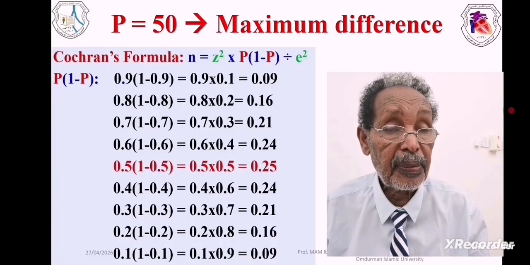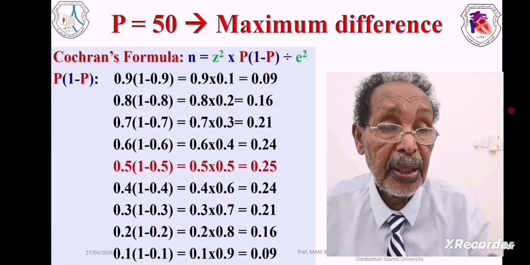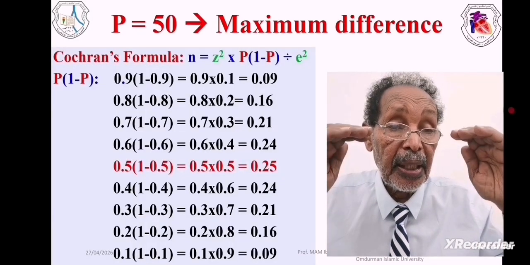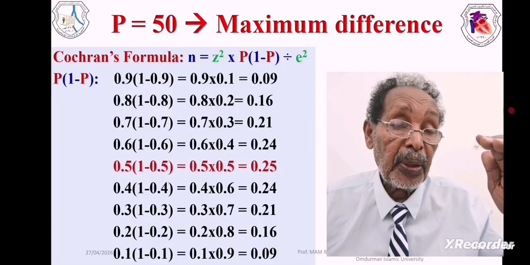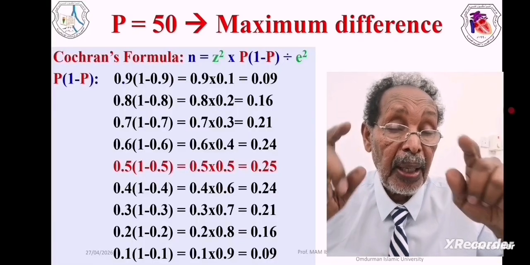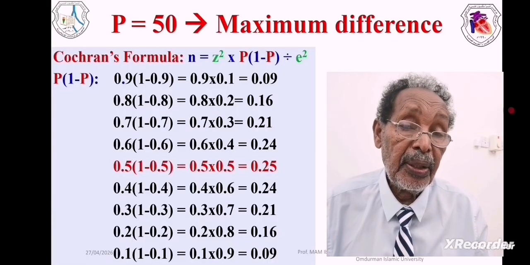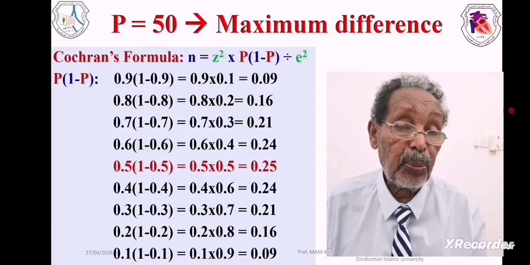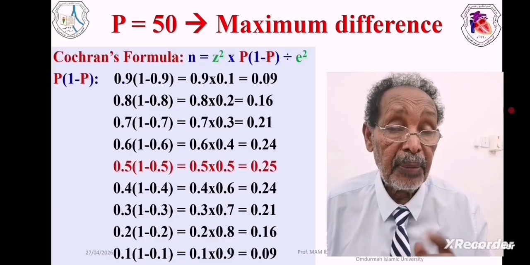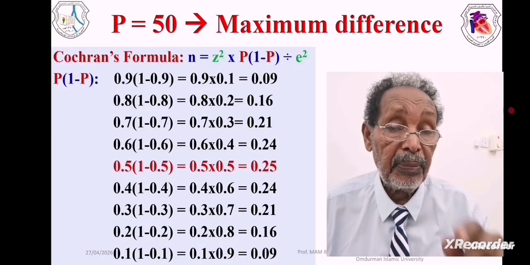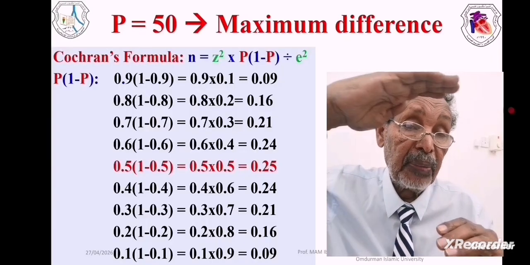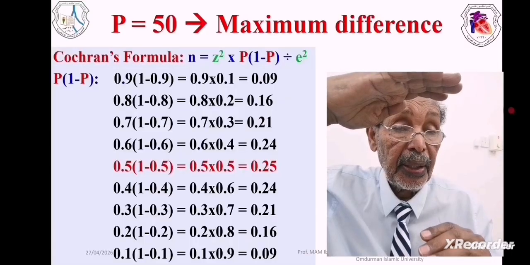So the highest number we will get in the numerator is with 50%, which is 0.5 multiplied by 1 minus 0.5. It will give us the maximum number in the numerator.